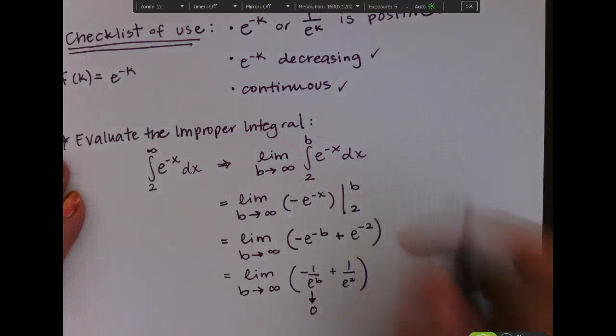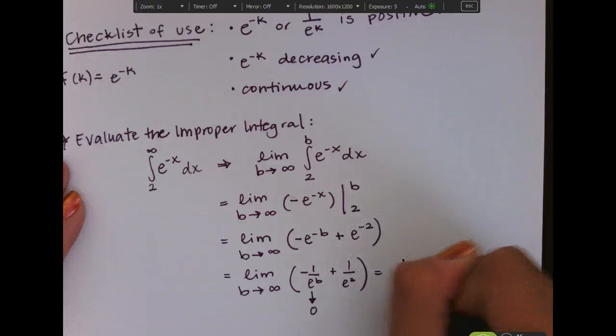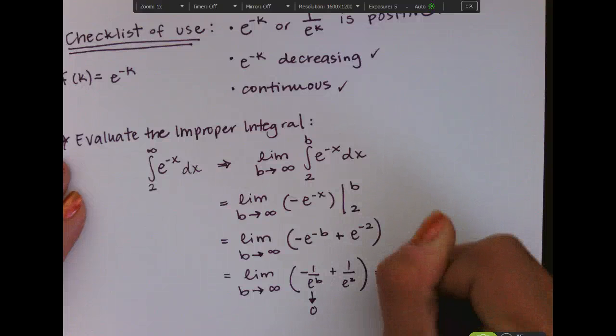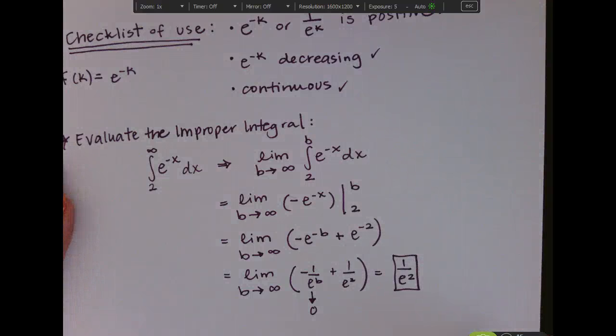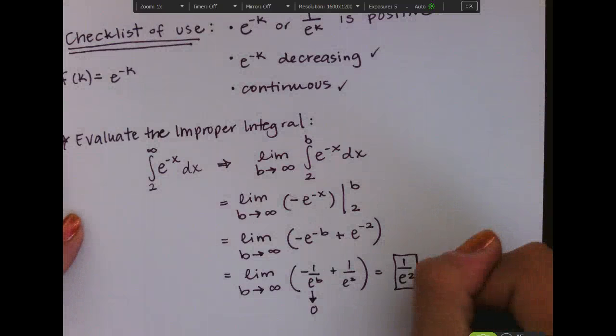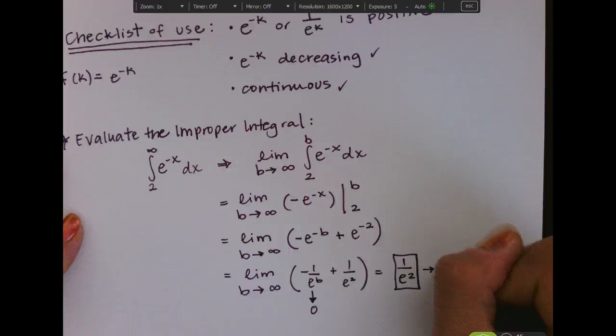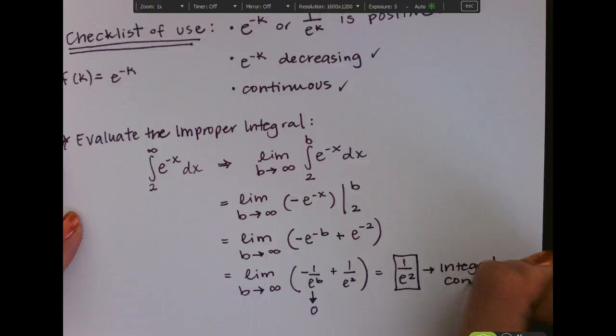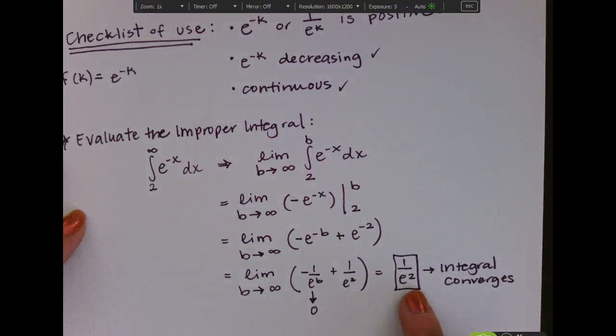And then since this one doesn't have a variable term, that is my limit. So the fact that we were able to come up with a constant for our limit means that the integral converges. Okay, so the integral here converges to 1 over e squared.